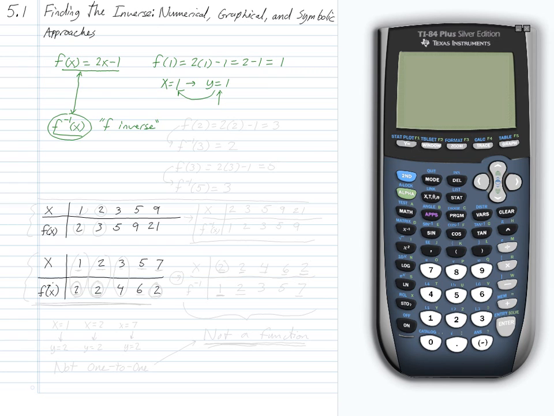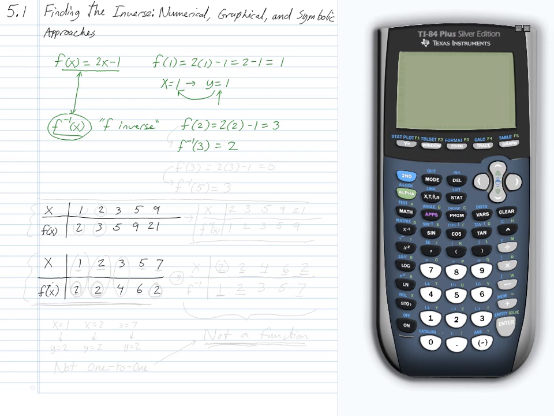So if f takes in 1 and gives us back 1, f inverse will take in the 1 that we got and turn it back into the 1 we started with. Another example, if f takes in 2, we would get 2 times 2 minus 1, that's 4 minus 1, that's 3. So f inverse would take in 3 and give us back the 2 that we started with.